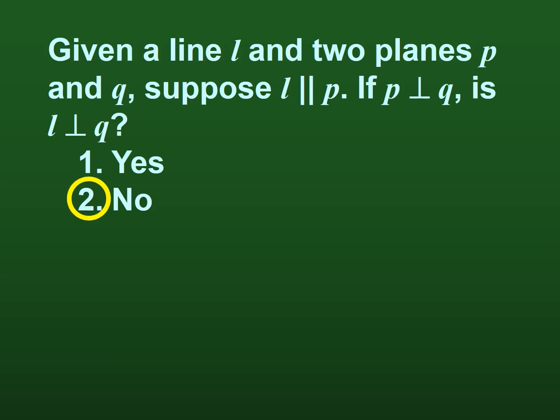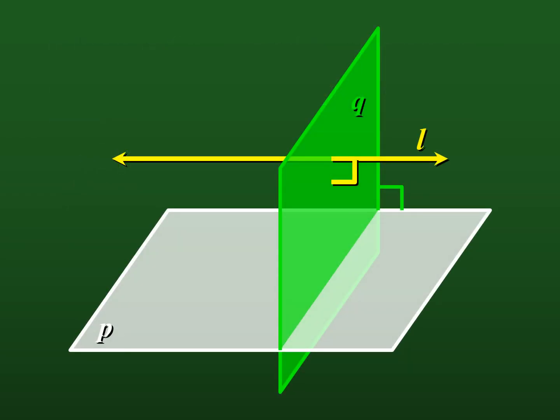The answer to that one is no. See how this one was different from the other question? In the other question, you started with the line being parallel to a plane, and then those two planes were perpendicular. This one's saying the two planes are perpendicular, so does that mean the line is perpendicular? The answer is no, and we can look at it here.